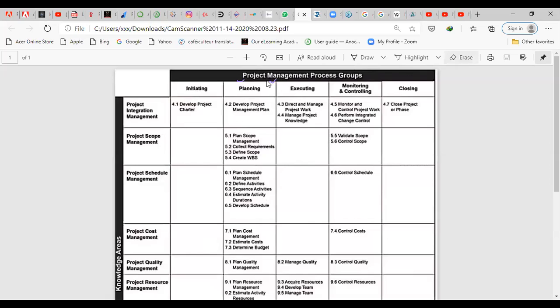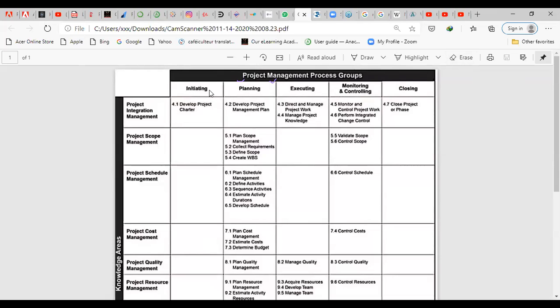We usually say that the monitoring and controlling aspect of the project lies within planning and executing. It gets to a point where you need to monitor whatever you are doing and then control it.